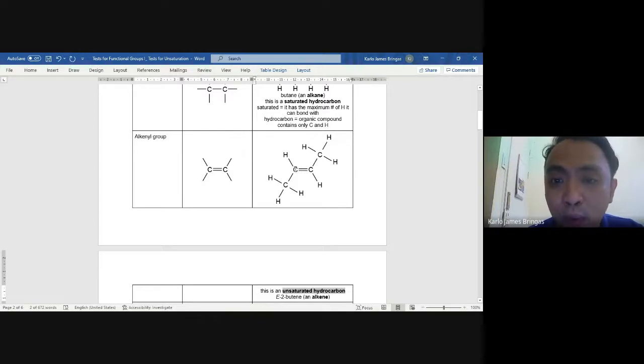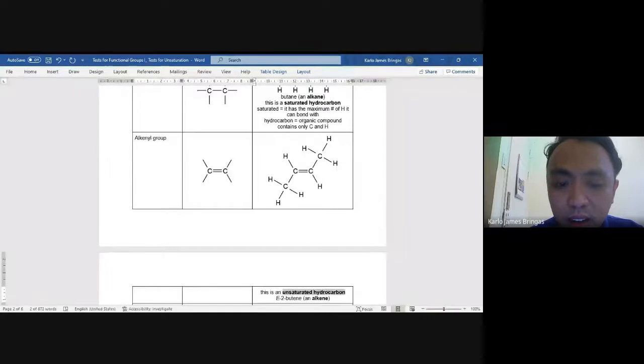So instead of having 2 hydrogens here, itong ating carbon na ito, meron lamang siyang isa. Same with this one, instead of bonding with 2 hydrogens maximum, it only bonds with 1. So that is an example of an unsaturated hydrocarbon.